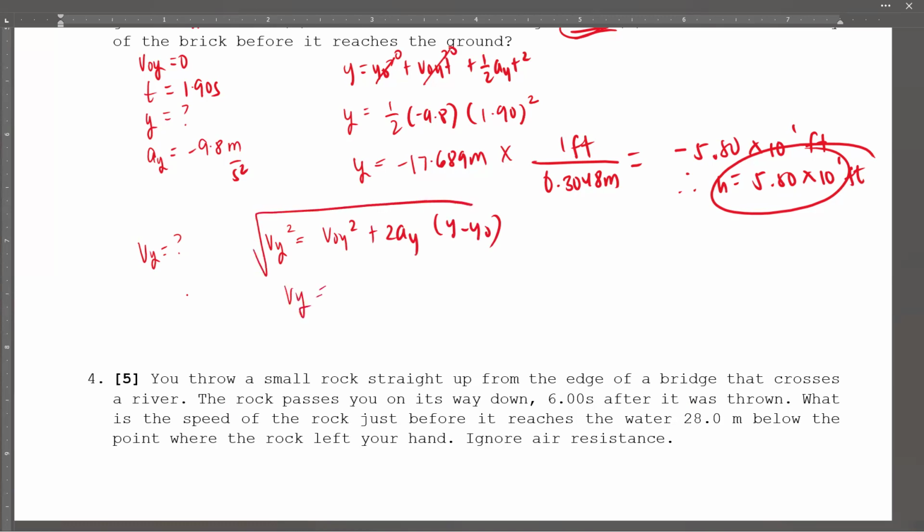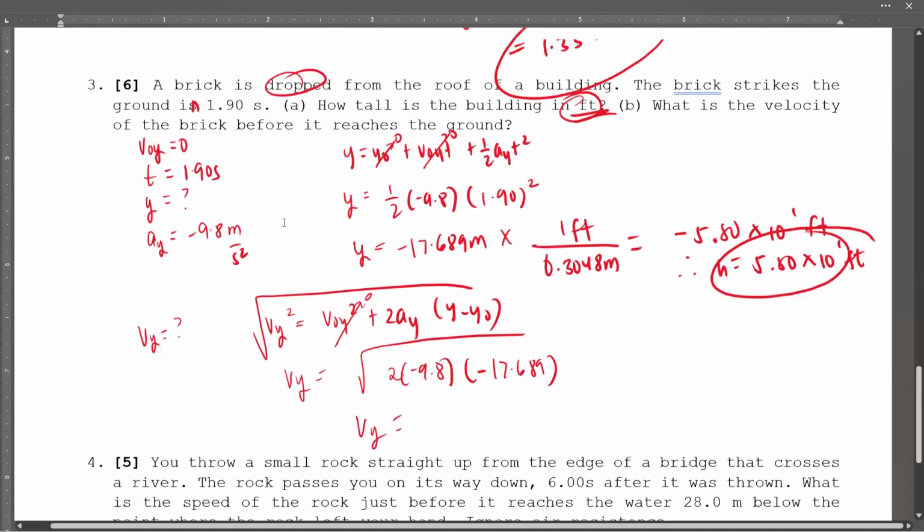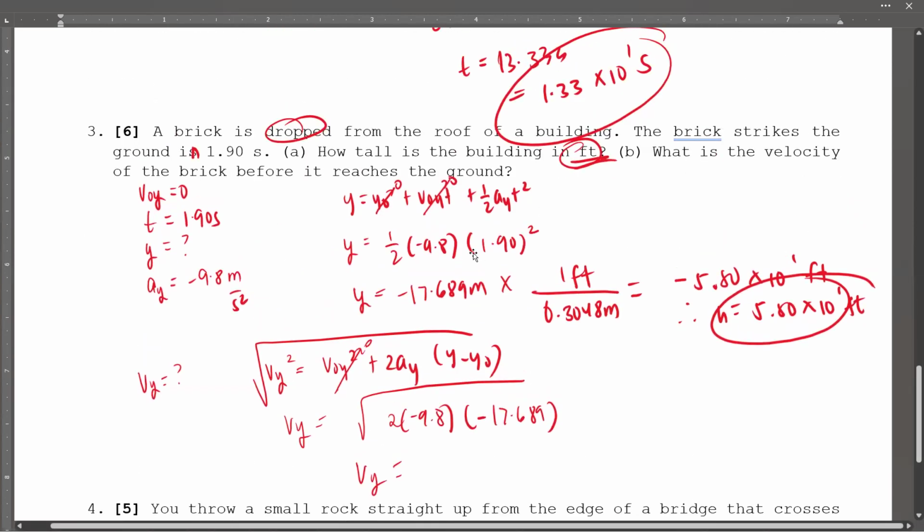So, Vy is simply the square root of 0 plus 2 times negative 9.8 times negative 17.689. No? So, I just need the meter per second here kasi wala siyang sinabi dito na in terms of feet per second. So it's simply asking us what is the velocity.